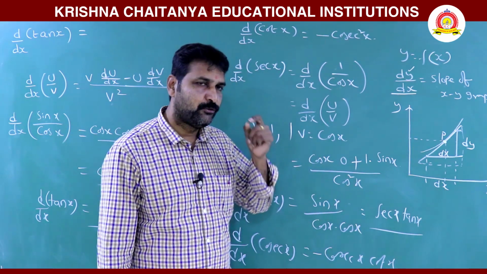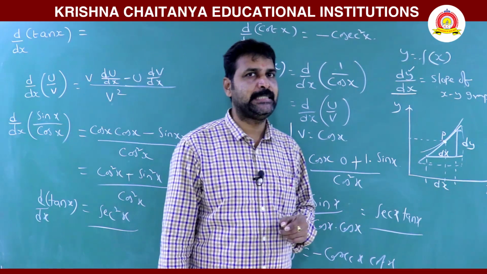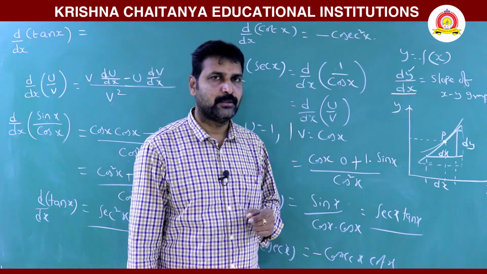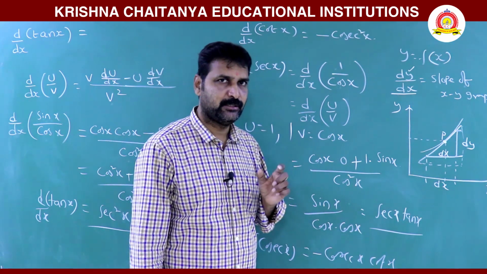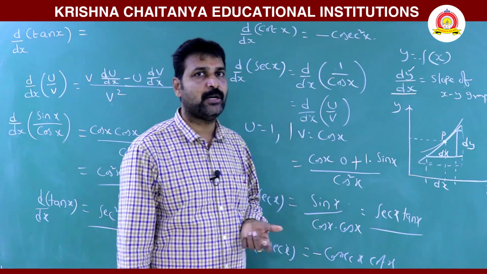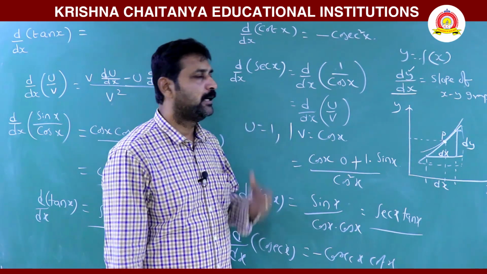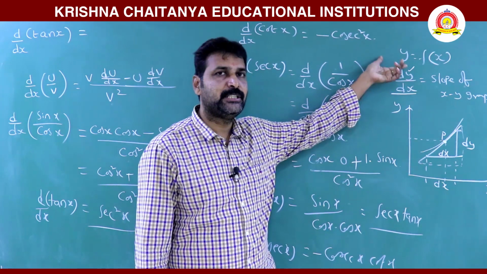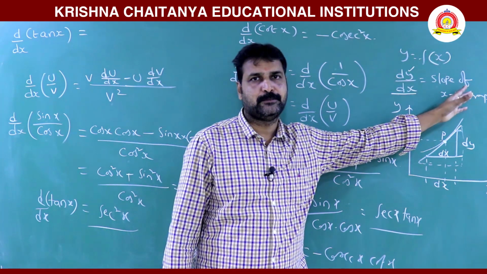Second one, if you observe any continuous changes, then if you are asked to find the instantaneous change at any instant, then we go for differentiation. From graphs, differentiation methods give slopes.